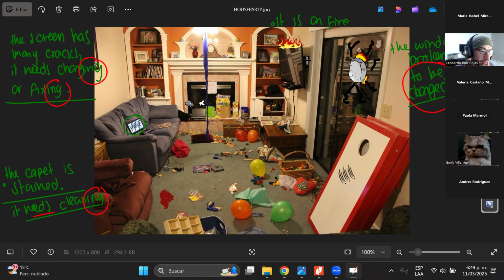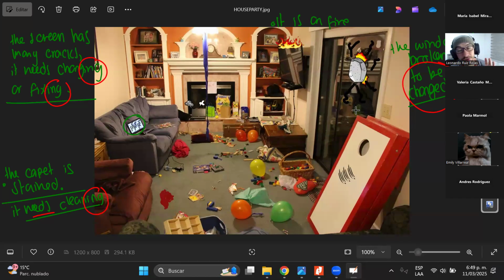The TV was on fire. What does it need? Does it have any solution or does it just need to be changed?